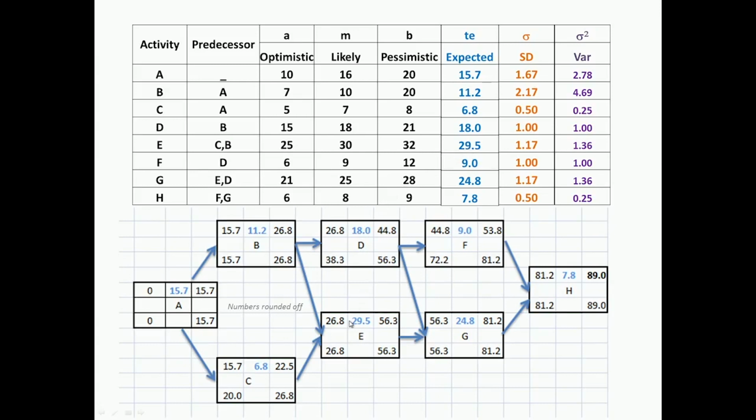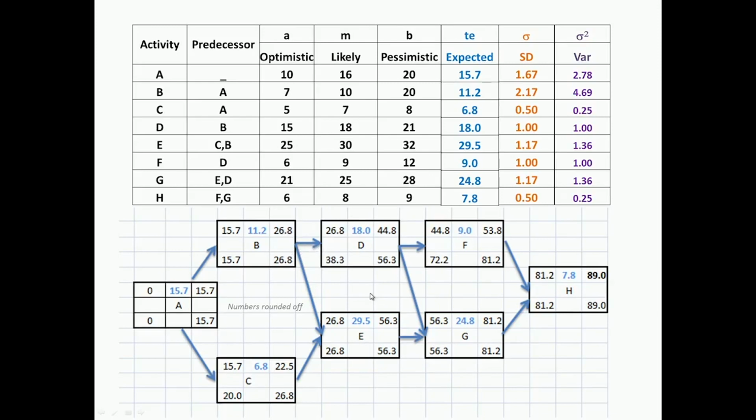We have used the expected values as the basic duration of the activity, and we have done the forward pass and the backward pass. So you will get the early start and the early finish for all of the activities. Some of these values are rounded off, so it's not exactly the same.